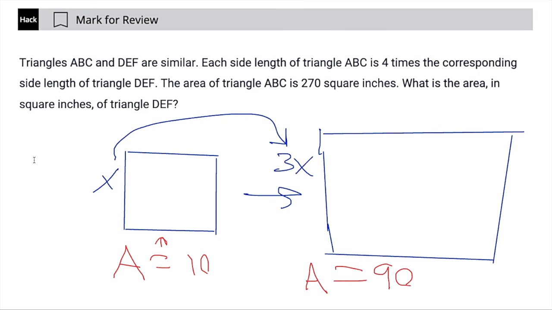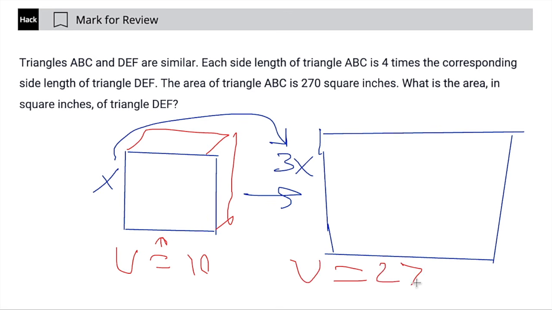And in case you're wondering, yeah, this goes with 3D shapes as well. If we turn these into rectangular prisms and we were looking at volume, now all of a sudden we wouldn't want to square it, we would want to cube it. So if our volume here was 10, then our scale factor would be 3 to the 3rd power, which is 27. So our volume for this one would be 270.